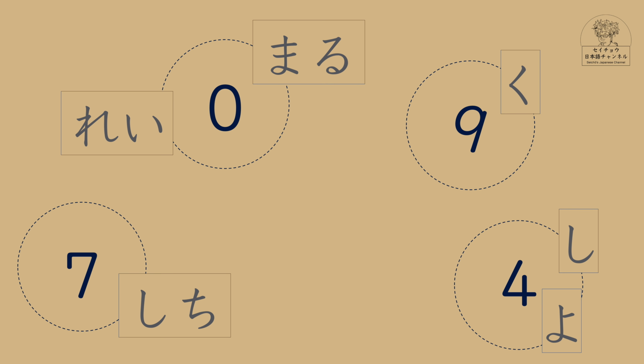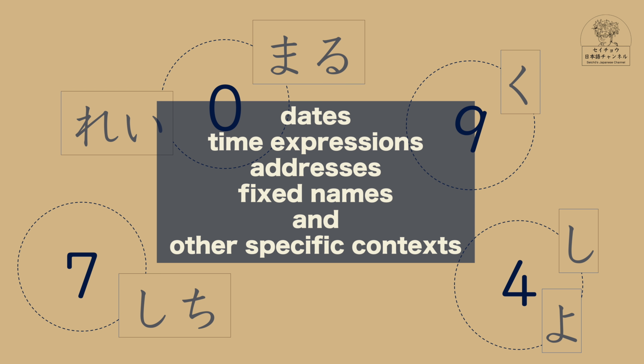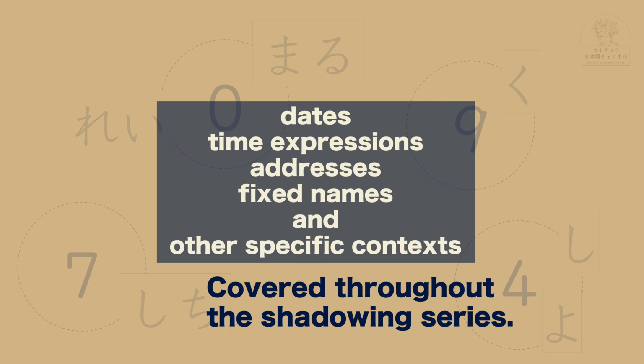The readings we're not using today can be thought of as special use forms. You'll find them in things like dates, time expressions, addresses, or fixed names and other specific contexts. And interestingly, the more specialized a pronunciation is, the less you need to worry about it right now.